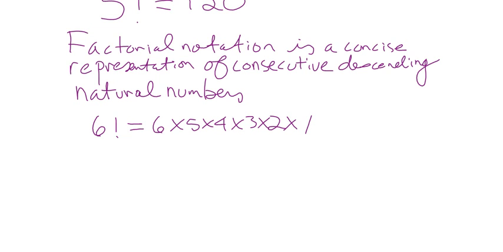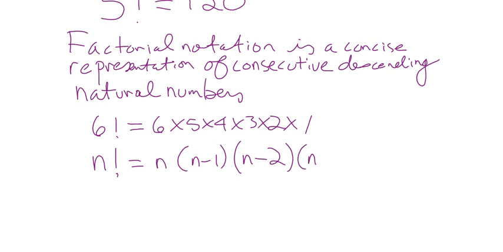And if we generalize this, in general, n factorial is n times n minus 1 times n minus 2 times n minus 3, down to times 3 times 2 times 1. Unless n were 3, in which case it would be just 3 times 2 times 1. But if n is 100, then it's 100 times 99 times 98 times 97, keep going, 96, 95, 94, all the way down to times 3 times 2 times 1.